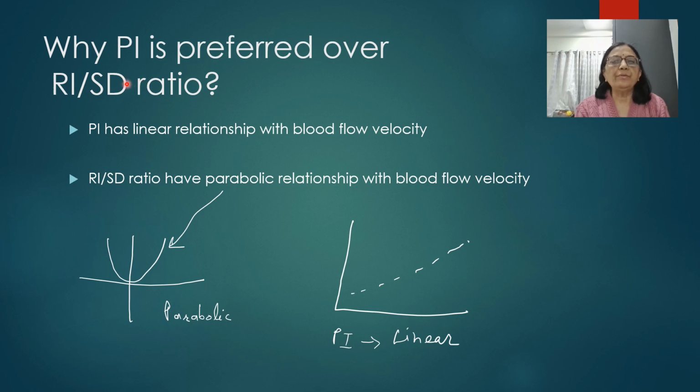So why are we preferring this pulsatility index over resistance index or SD ratio? Pulsatility index has a linear relationship with the blood flow velocity, as we can see here. On the other hand, resistance index and SD ratio have a parabolic relationship with the blood flow velocity.